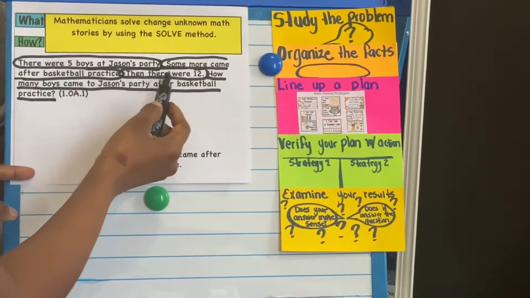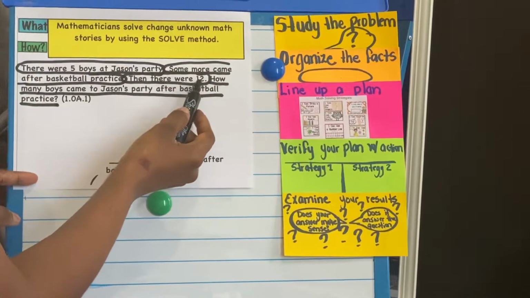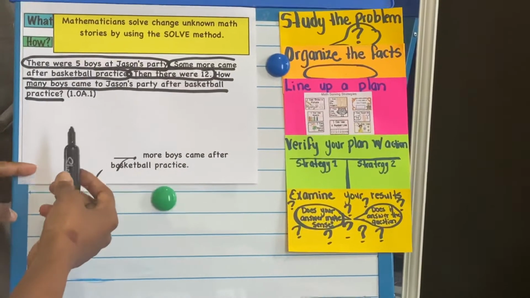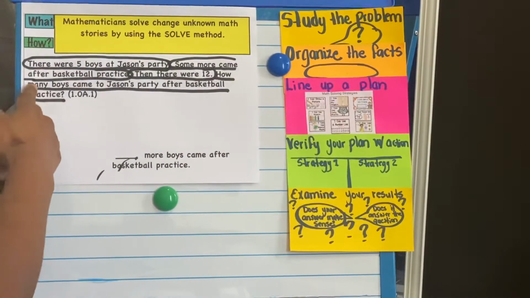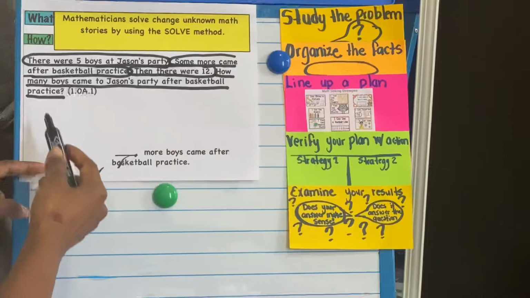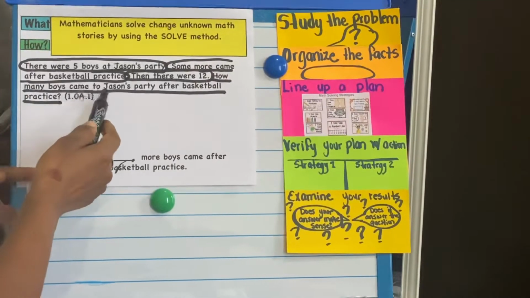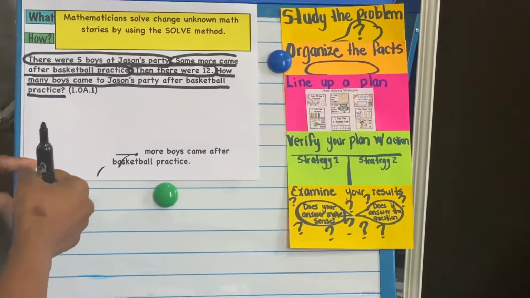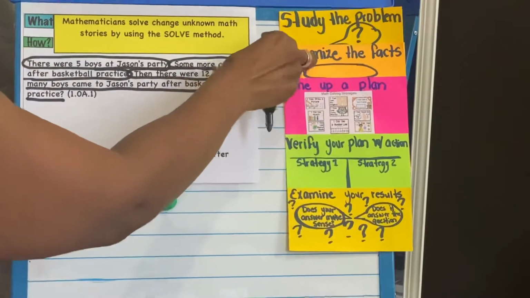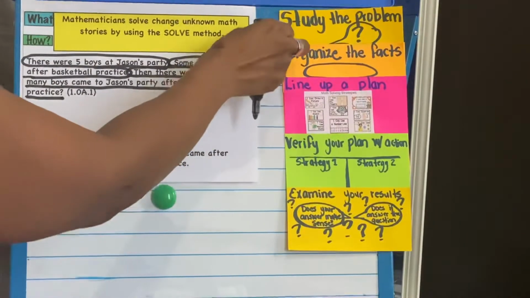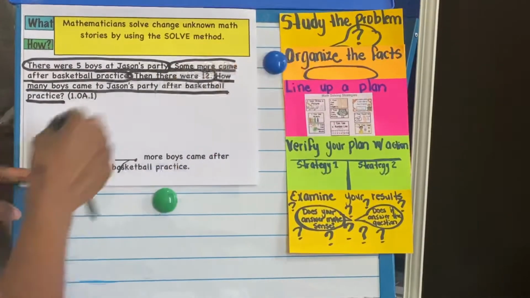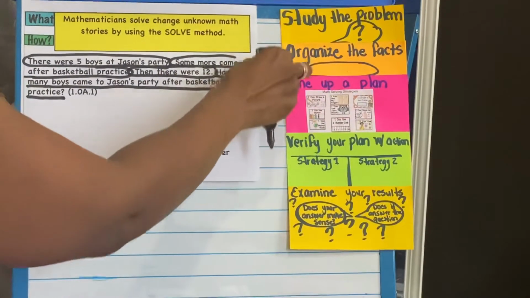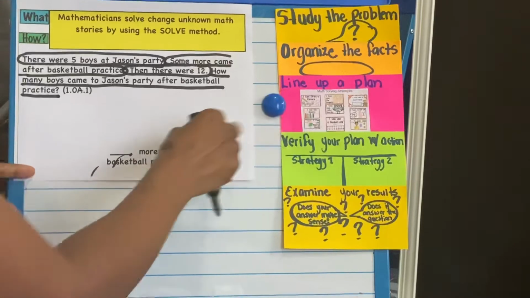And then there were 12. And we already know the problem wants us to find out how many boys came to Jason's party after basketball practice. So did you see how I studied the problem? I organized the facts. Now I need to line up a plan.